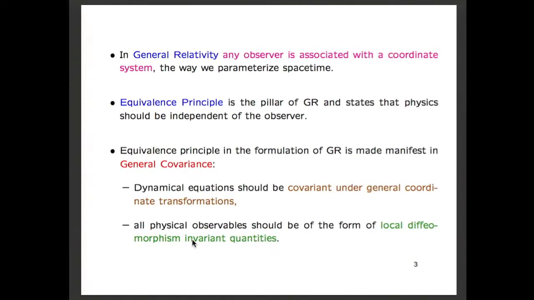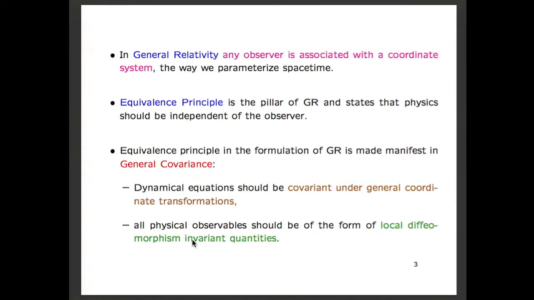Okay. So as you all know, general relativity basically tells us that any coordinate system is associated with a parametrization of the space-time and is associated with a specific observer.